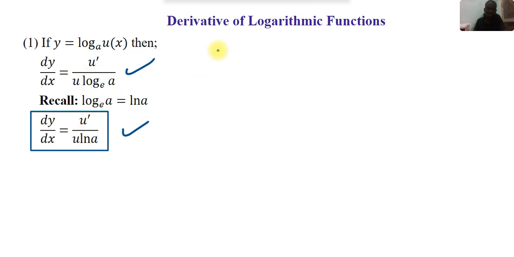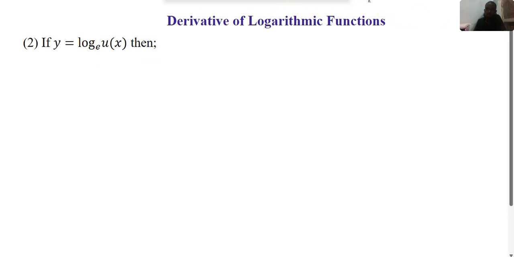Let's consider the second formula that we'll be using. All right, so now if you look at it very well, the first one that we considered is a bit different from this. The first one was expressed in this way. You have your y was written as log of u, function of x, base a.